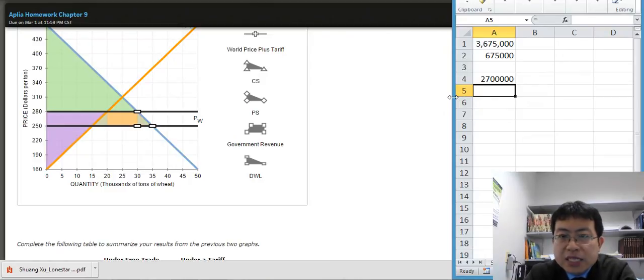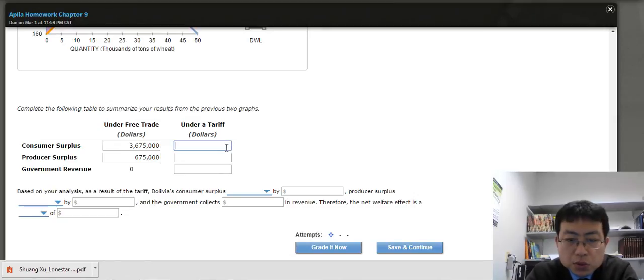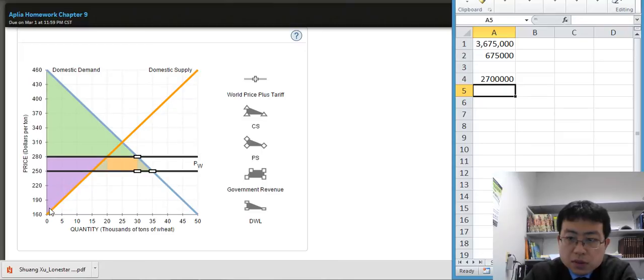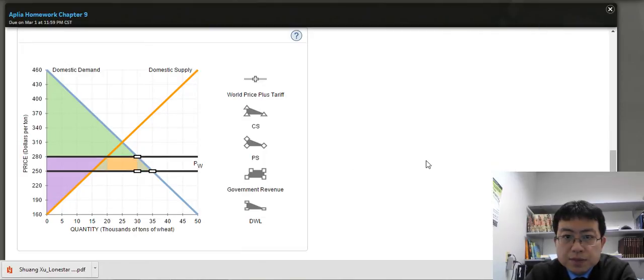It's about 2.7 million. And then for producer surplus, the vertical distance is from 160 to 280, so 280 minus 160, times the horizontal distance from 0 to 20,000, divided by 2. So 1.2 million.